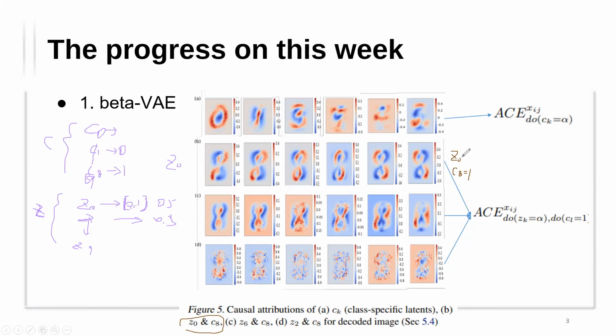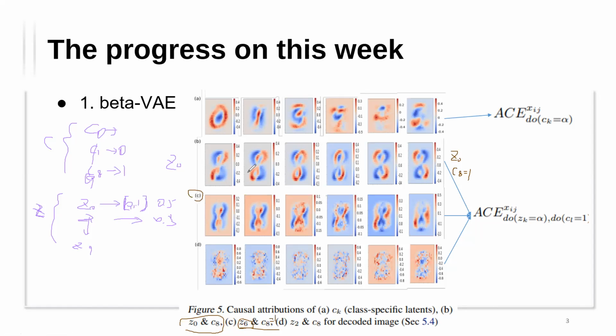And then they change the value of Z0 and observe the average causal effect on the outcome. And on row C, they set CA to be 1 and change the value of Z6. In this way, row B and row C seem quite interpretable.